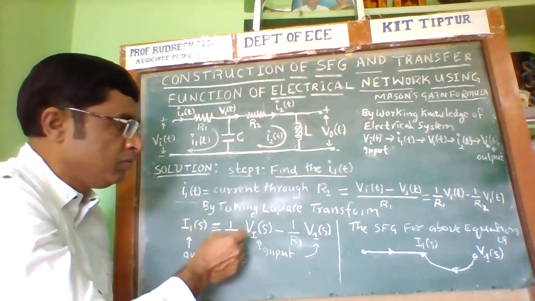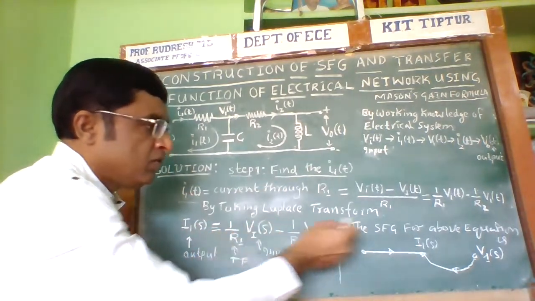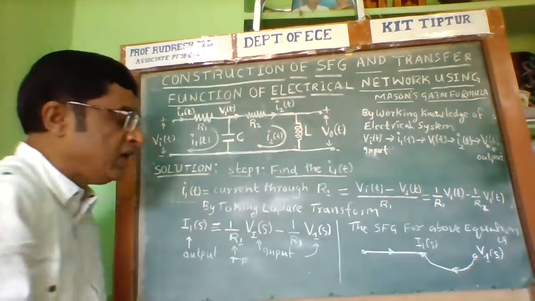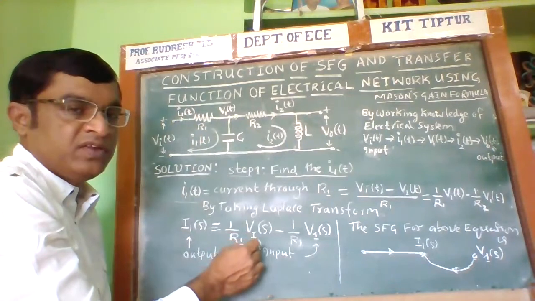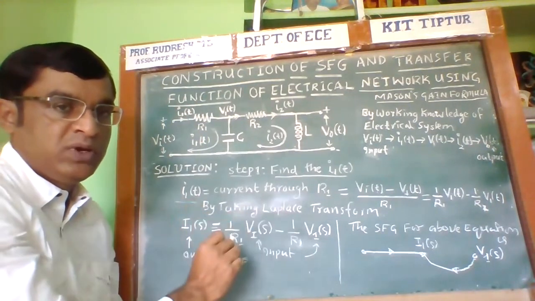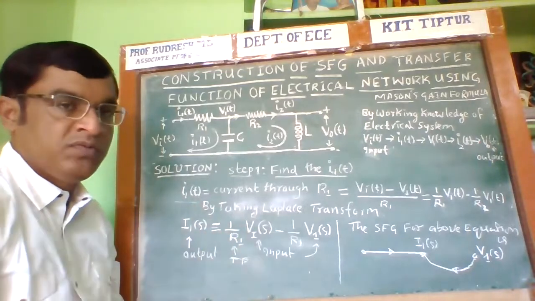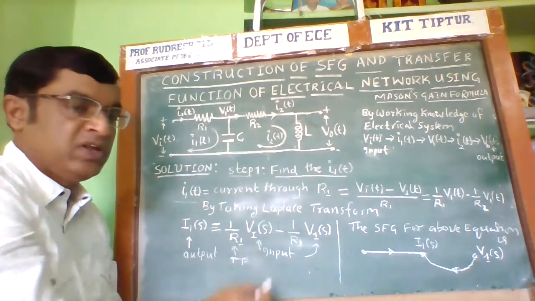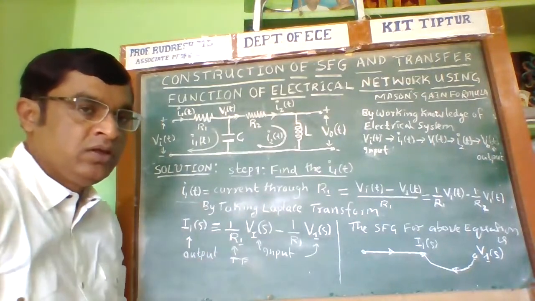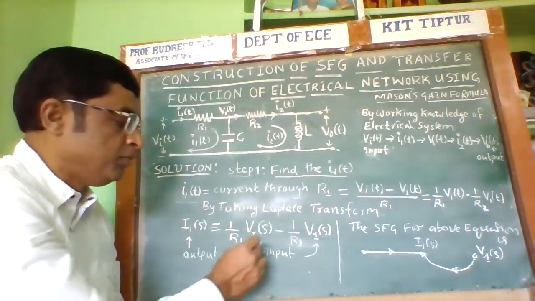Similarly, 1 by R1 is a constant. What is the Laplace transform of VA of t? It is VA of s. Usually, lowercase letters are used for the time domain, and uppercase letters are used for the frequency domain, the Laplace domain, the s domain.